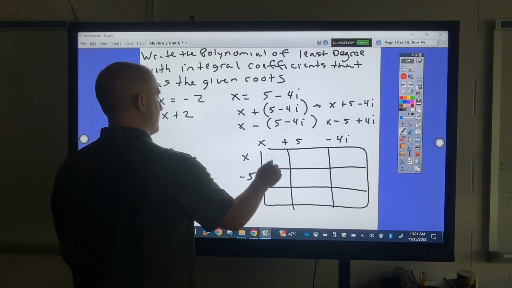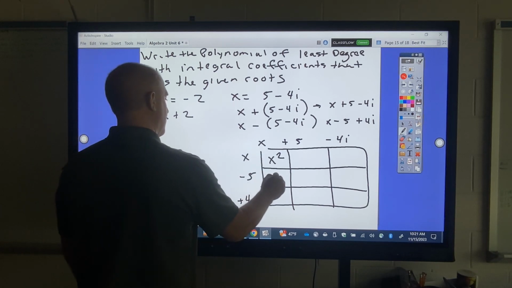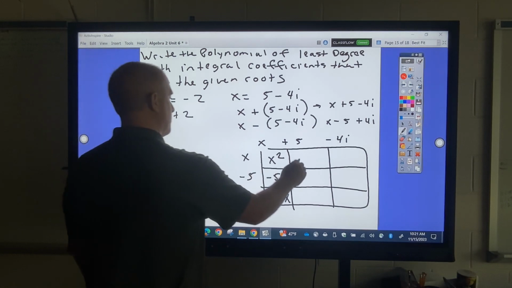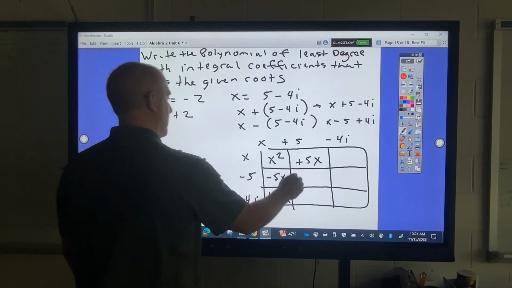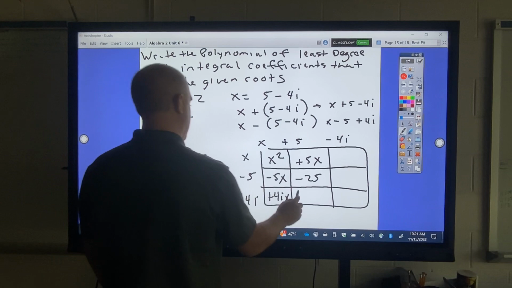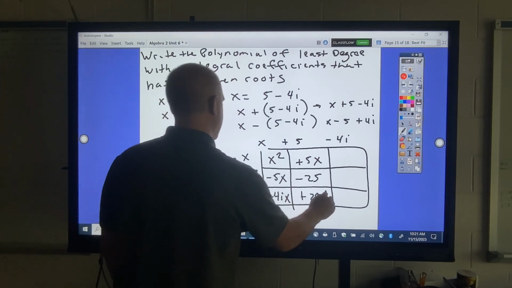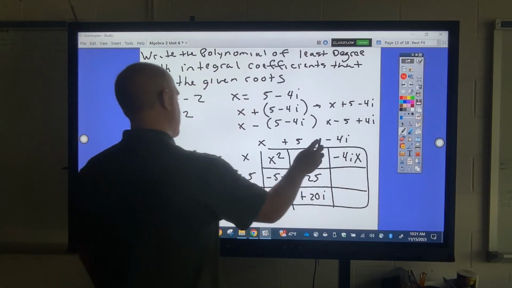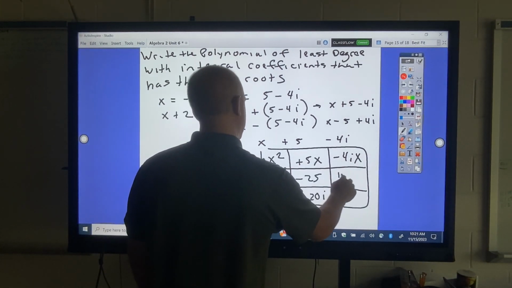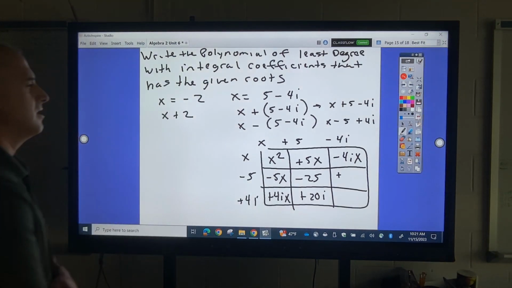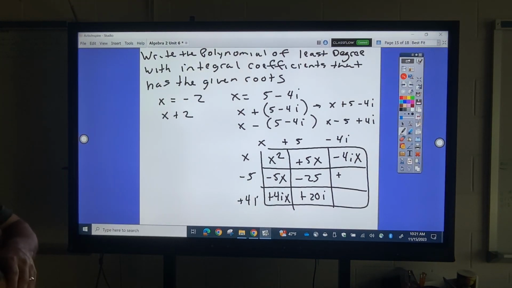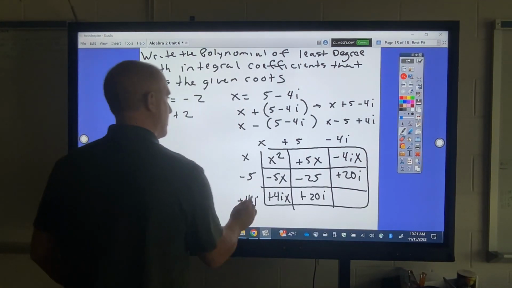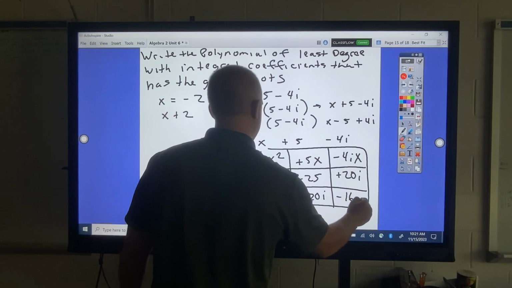X times x is x squared. That'd be negative 5x. This would be 4ix. This would be positive 5x. This would be negative 25. This would be positive 20i. This would be negative 4ix. This would be positive 20i, and this would be negative 16i squared.